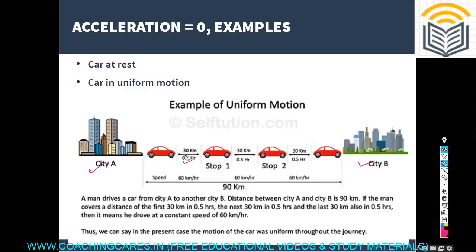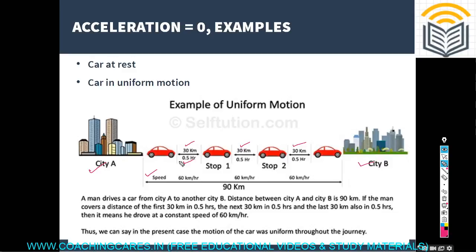The car moves around 30 kilometers in 0.5 hours, again 30 kilometers in the next 0.5 hours, and again 30 kilometers in the next 0.5 hours. So you can work out the speed of this car, which is the velocity, the change of position per unit time. Per unit time of 1 hour, this is 60 kilometers per hour. The total distance, suppose, is 90 kilometers.